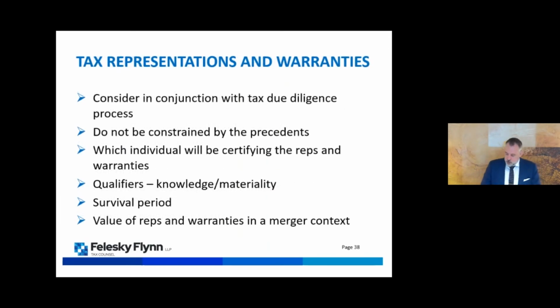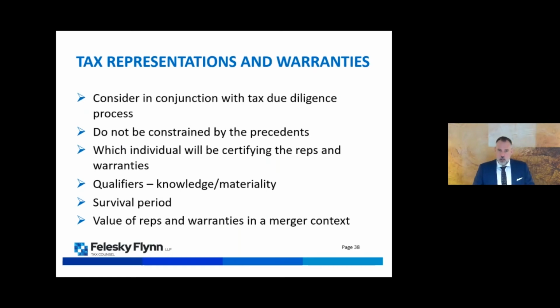One of the things you'll be spending a lot of time with in the purchase and sale agreement will be the tax reps and warranties. There'll often be a boilerplate, precedent-driven list of reps and warranties in an agreement, but I encourage you not to be constrained by those precedents.